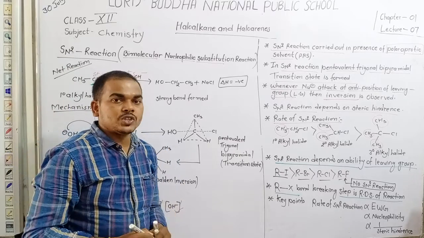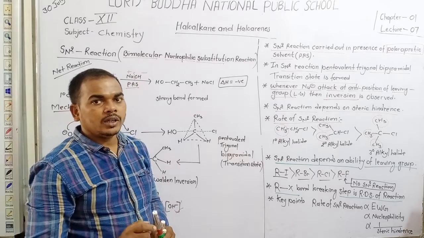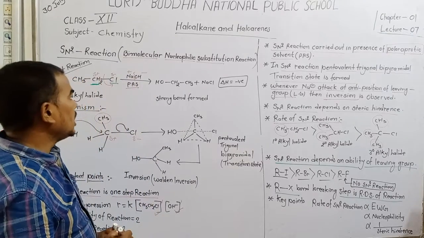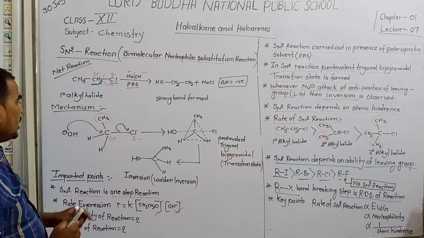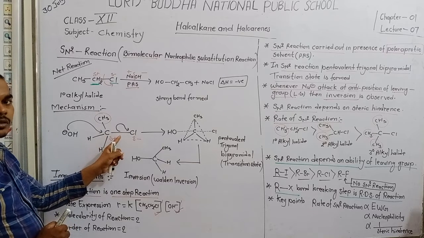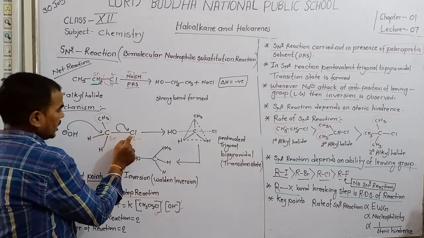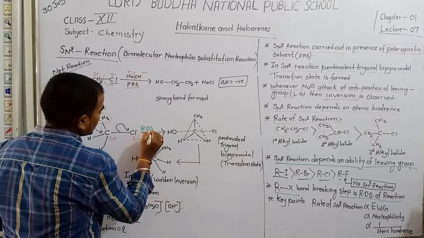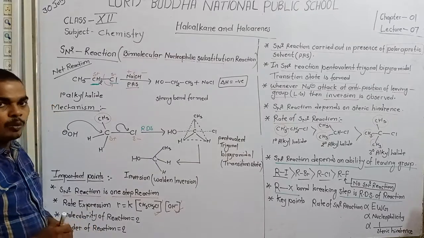The step in which the RX bond is broken is known as the RDS of the reaction. Here breaking of the bond between C and X takes place, so we say that it is the RDS of the reaction, which means the rate determining step.